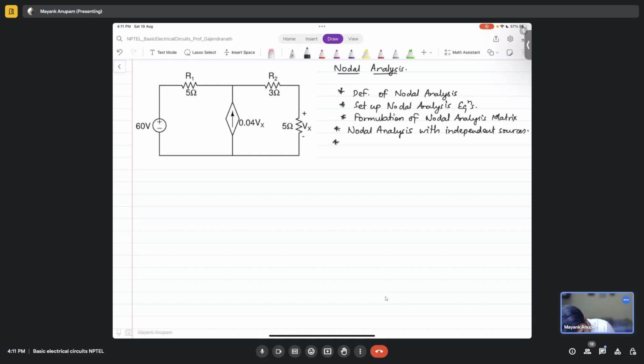Next would be again the same thing, but with dependent sources: VCCS, CCCS, VCVS, and CCVS. Correct. So no problem here.